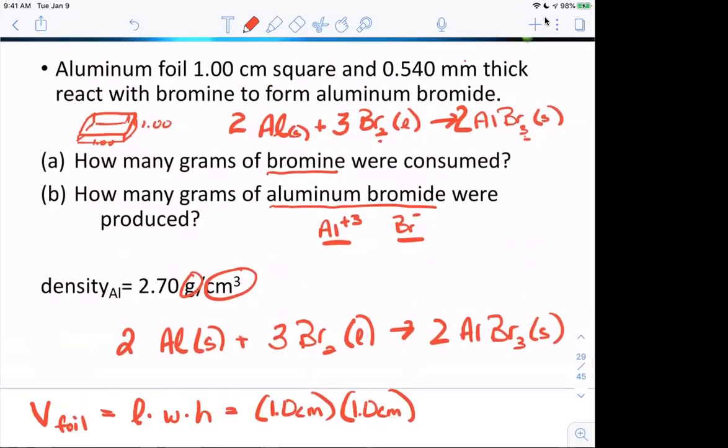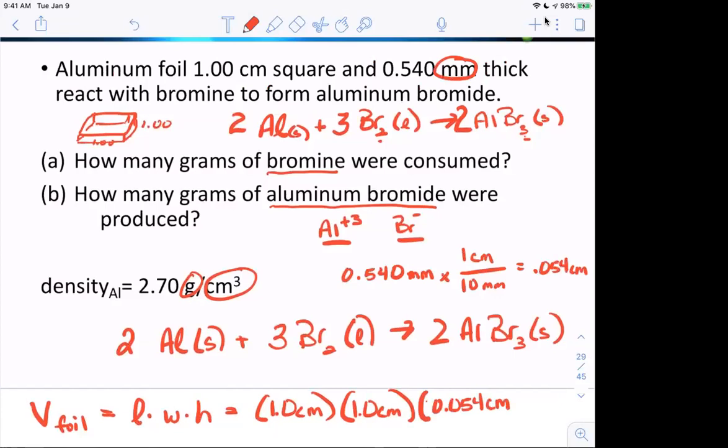Now notice this is in millimeters. So 0.540 millimeter. I know that I have 10 millimeters for every 1 centimeter. And what I'm going to get is 0.054 centimeters.